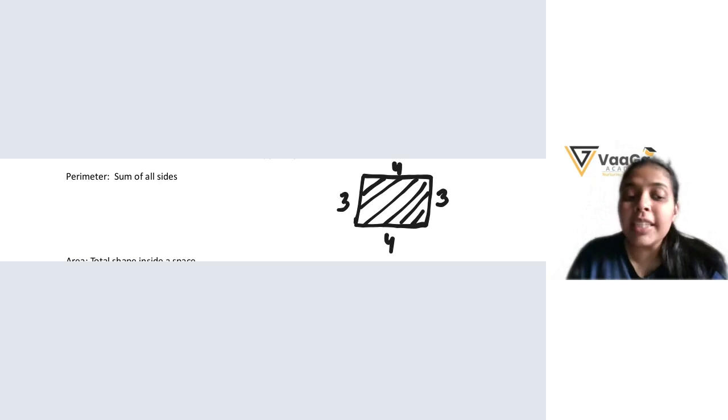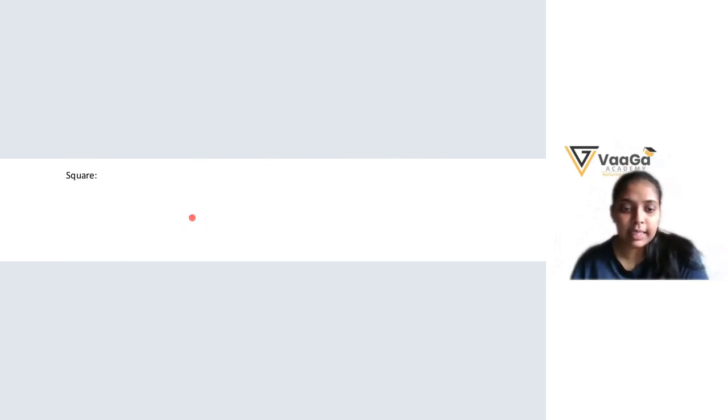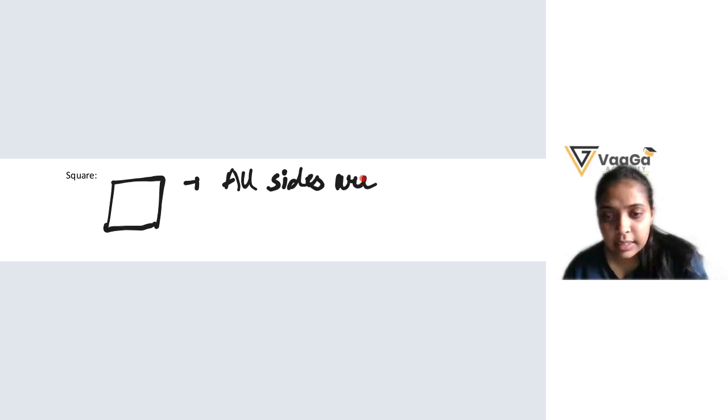Okay, you don't know how. So, as you know, in a square, all the sides are equal. So, this is a square where all sides are equal.